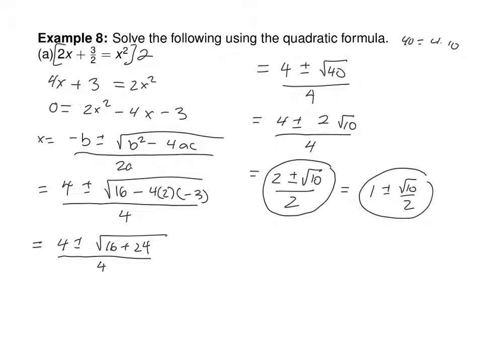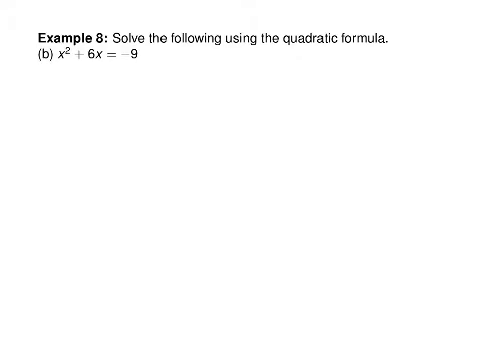Okay, I know that part B in example 8 factors, but I want to point out what happens when you do the quadratic formula on this. So this is the same thing. If you're going to use the quadratic formula, you have to have it as an equation equals 0. So x squared plus 6x plus 9 equals 0. Negative b plus or minus the square root.